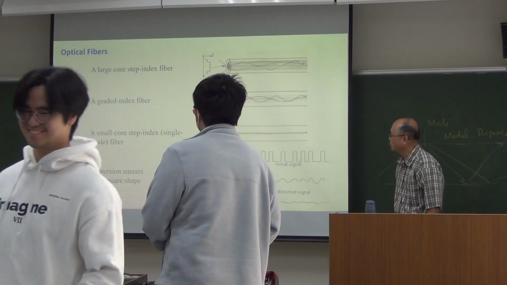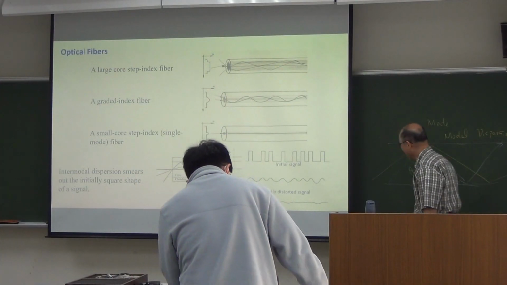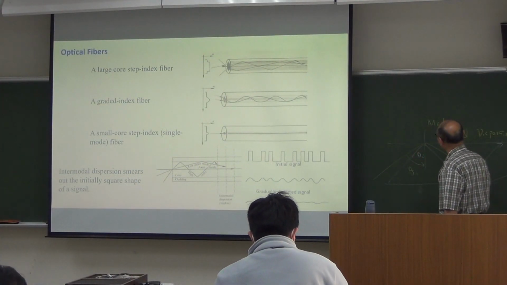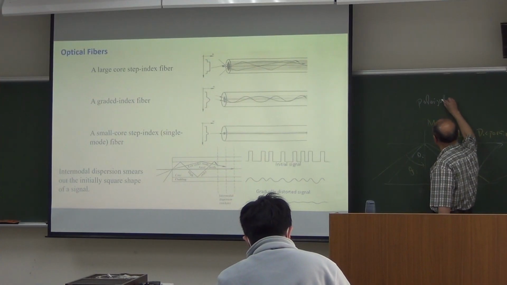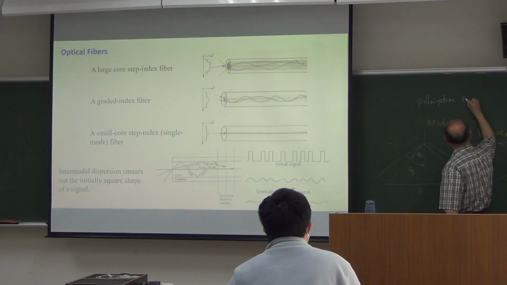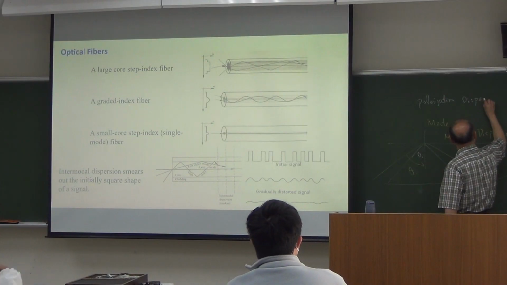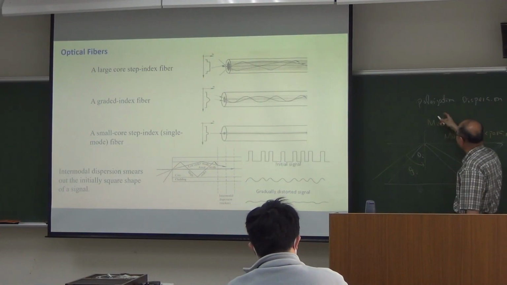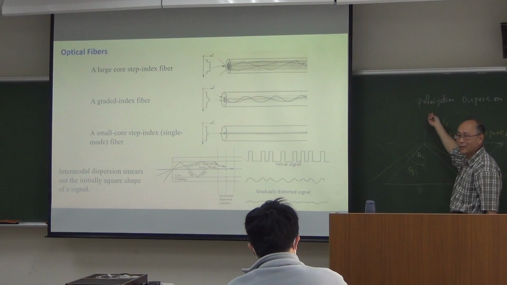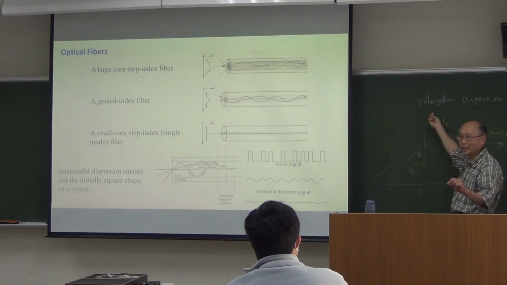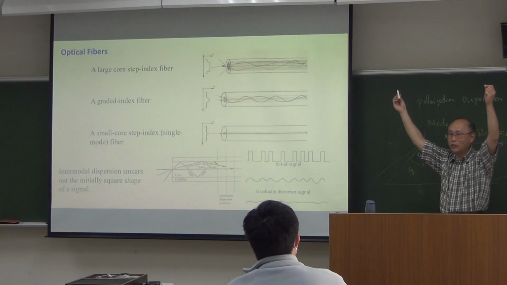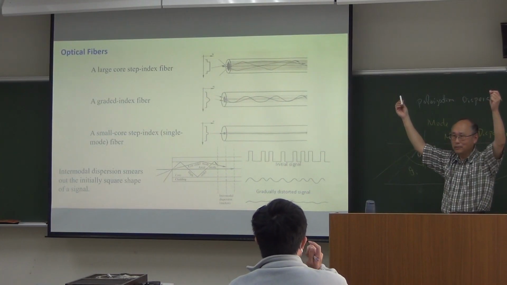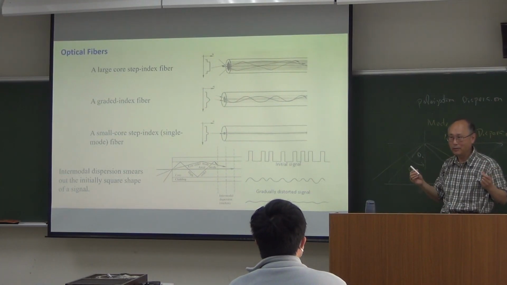So we have another kind of expression called polarization dispersion. Because different polarizations of the light will see different refractive indices, the light comes out at different angles by virtue of Snell's law.